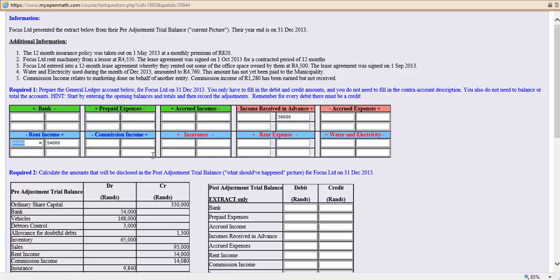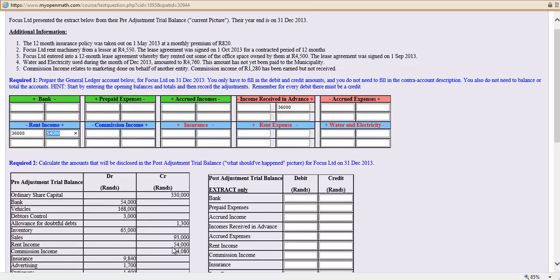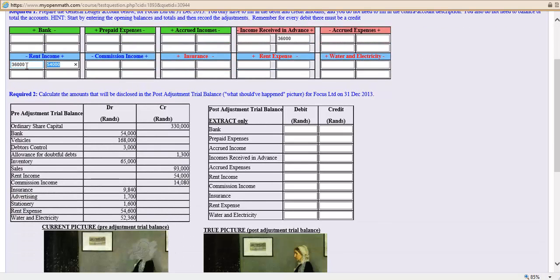And let's finally then show the true picture on the rent income. Remember, the T account is going to show you the full picture: what it was currently before the adjustment, the pre-adjustment figure. That's the current picture. Then we process the adjustment. And if you then total the account, remember, since it's an income account, it doesn't have a balance but a total.